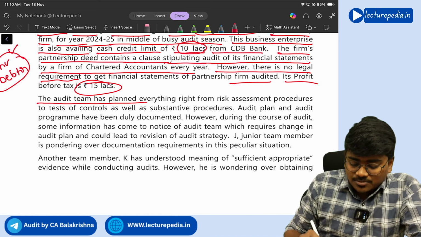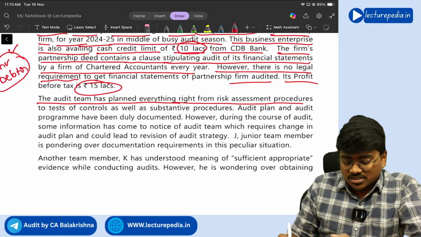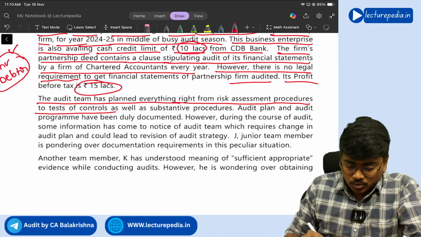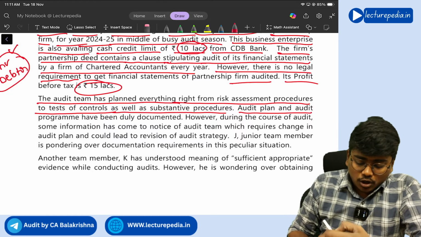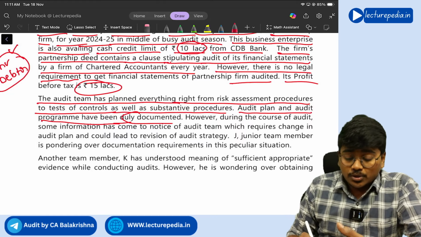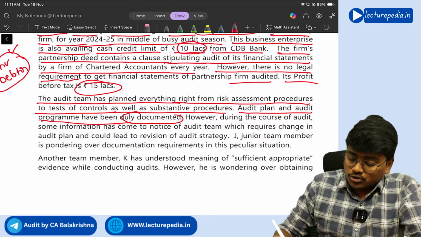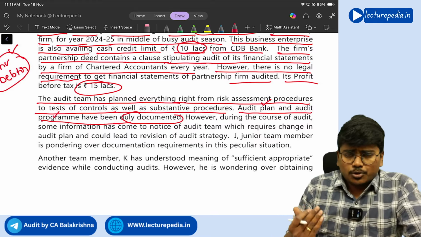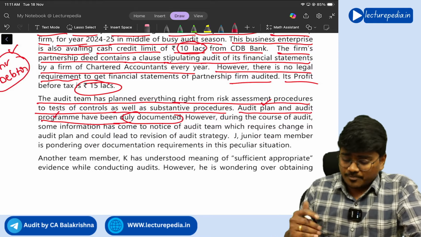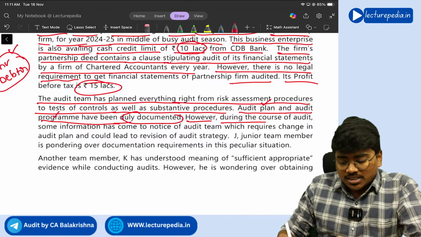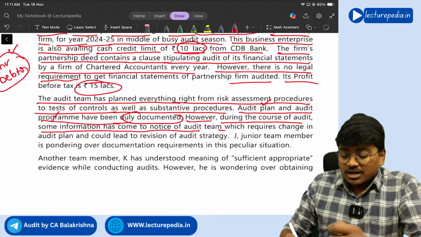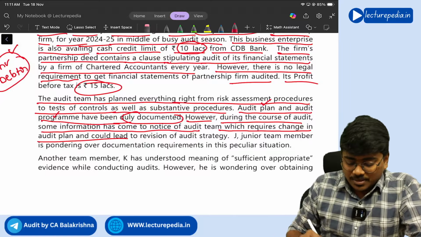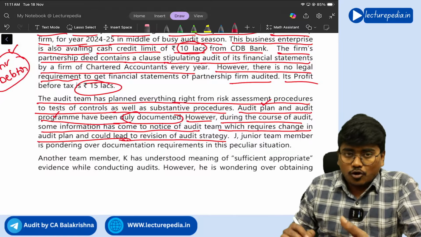The audit team has planned everything right from risk assessment procedures to test of controls as well as substantive procedures. Audit plan and audit program have been duly documented. So they have also documented the audit plan and audit program, which has to be documented, right? However, during the course of audit, some information has come to the notice of the audit team which requires changes in the audit plan and could lead to revision of audit strategy.